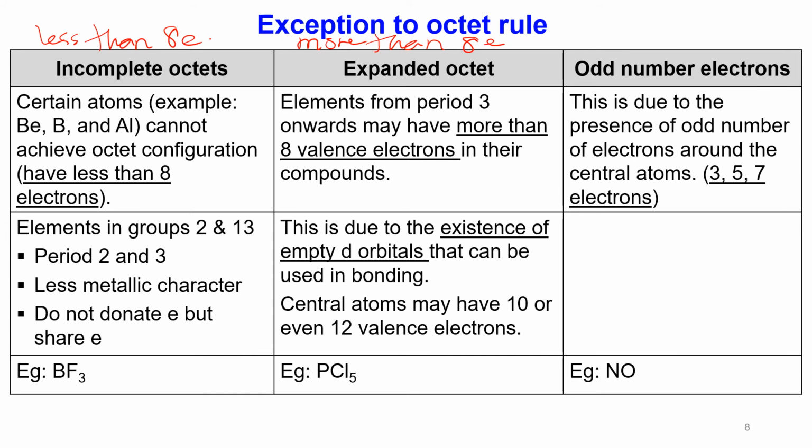Central atoms may have 10 or 12 valence electrons, for example PCl5. Odd number of electrons is due to the presence of an odd number of electrons around the center atom. Odd number means ganjil, for example 3, 5, 7, 9, 11 electrons, for example NO.